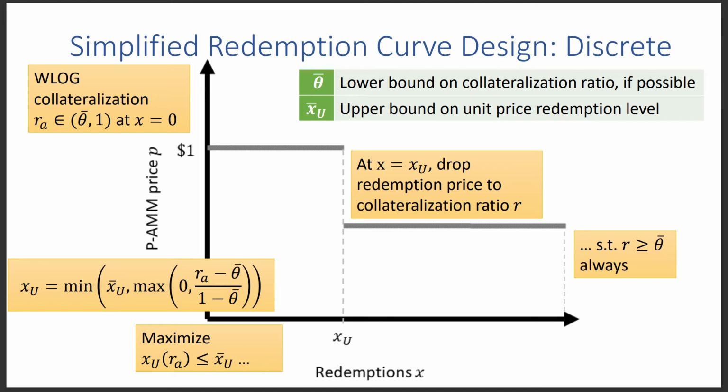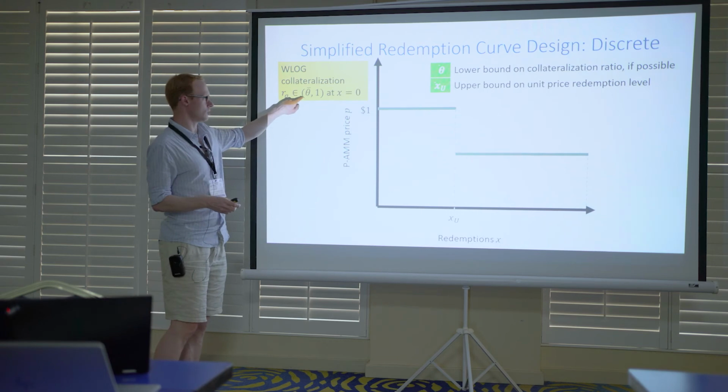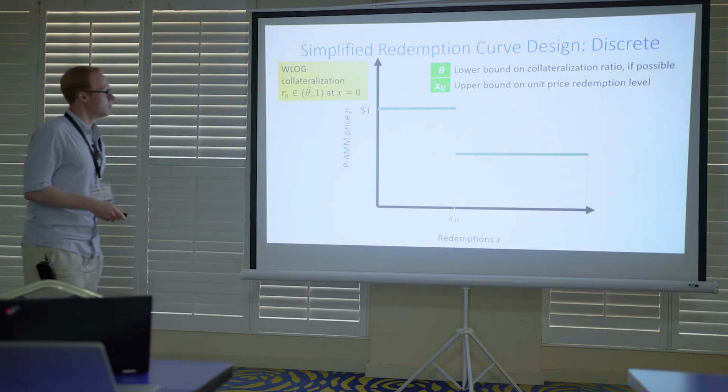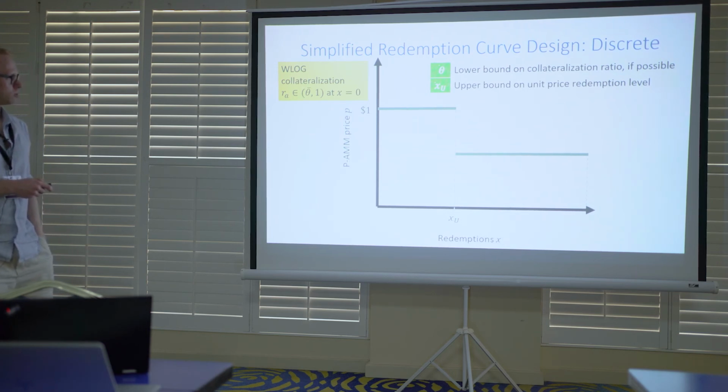If we start at a point that is below that lower bound, we just redeem at the collateralization ratio. So we basically say there's nothing we can do. We choose the best redemption rate that we can. So, without loss of generality, assume that it's between our lower bound and 1. Then there's a certain threshold of redemption, and up until that threshold, we support a price of $1.